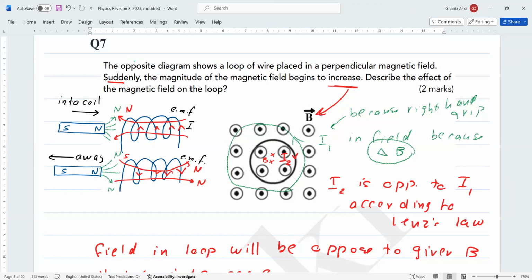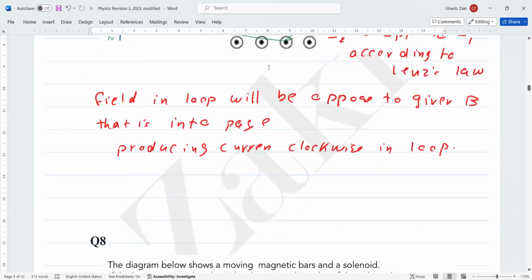The polarity is opposite to the given, which is out of the page, so inside the loop it produces into the page. And this magnetic flux density into the page produces current. This current will be clockwise. I hope you understand this. Okay, now, next.